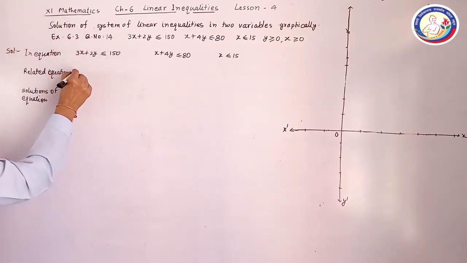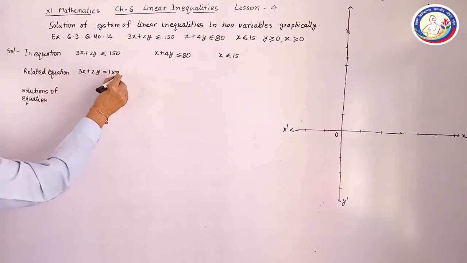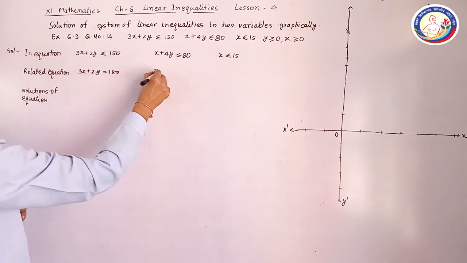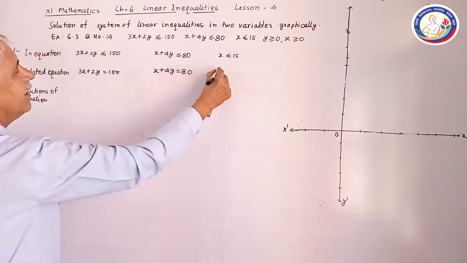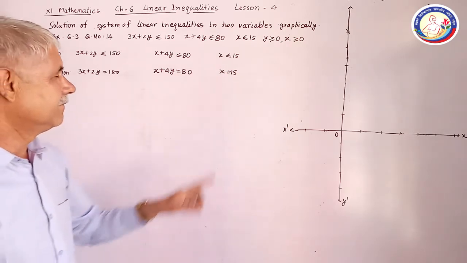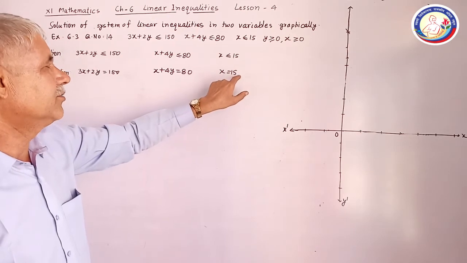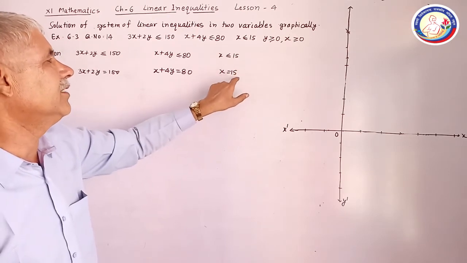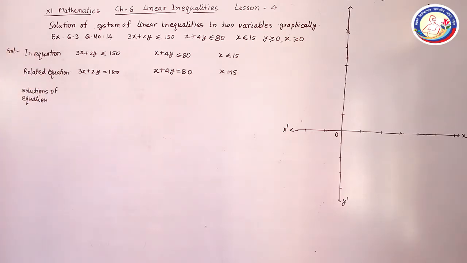Related equation is 3x plus 2y equal to 150, and here it is x plus 4y equal to 80, and here it is x equal to 15. There is no need to find solution of this equation. X is always 15 and we can vary the value of y. The line will be parallel to y axis.